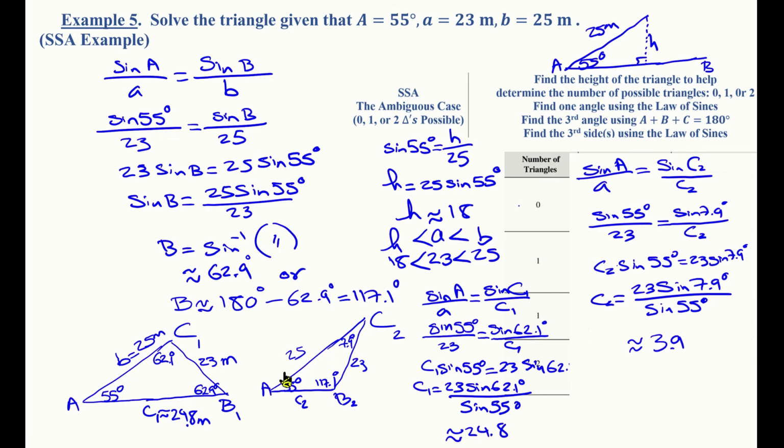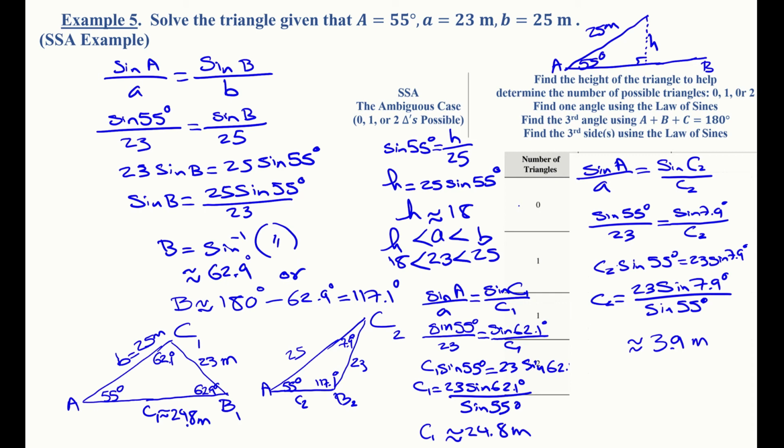So if this were drawn to scale, you would have seen this would have been much shorter. Okay, so 3.9 meters. So C1 is 24.8 meters, C2 is 3.9 meters. All right, and those are our two possible cases.